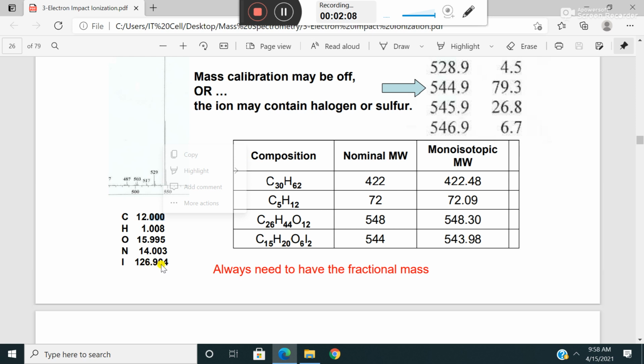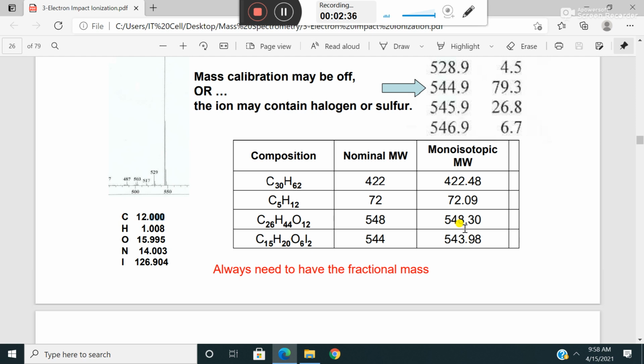If this combination is not possible with the carbon and hydrogen, this combination is also not. Oxygen should be there. And along with oxygen, there should be a halogen, because if we are not putting the halogen, we are not getting this combination. If we are only putting the carbon, hydrogen, and oxygen, the only mass that can be reached is 544.8.